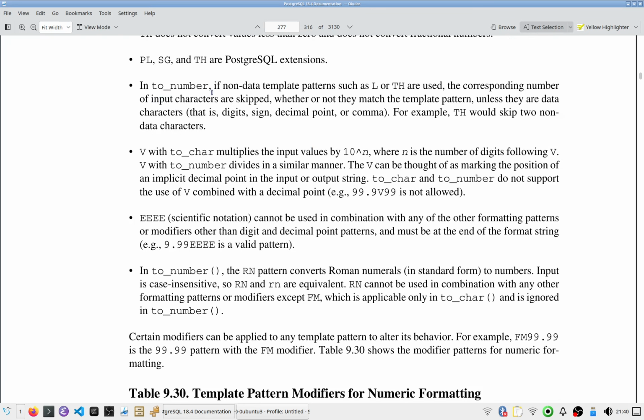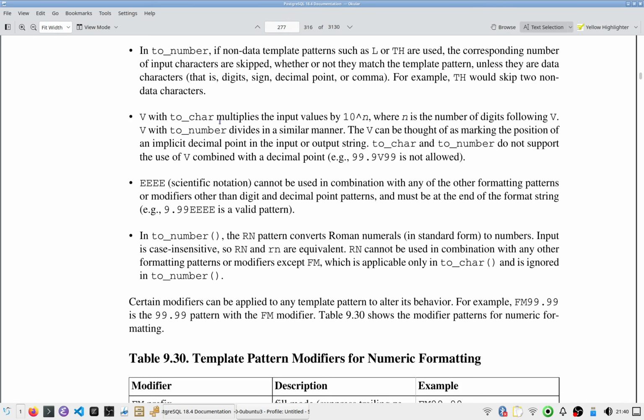In to_number, if non-data template patterns such as L or TH are used, the corresponding number of input characters are skipped, whether or not they match the template pattern, unless they are data characters, that is, digits, sign, decimal point, or comma. For example, TH would skip two non-data characters.